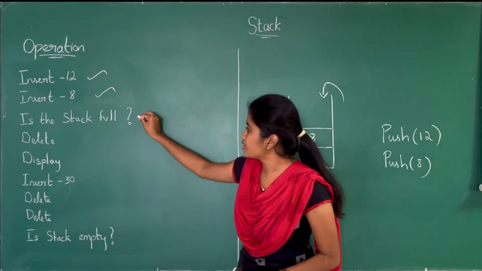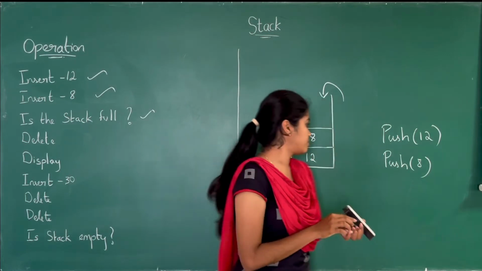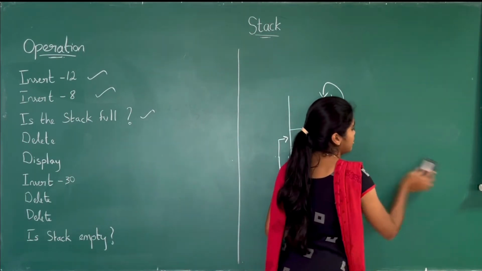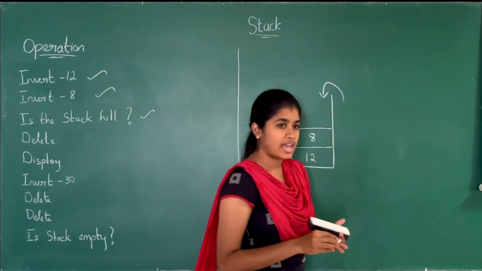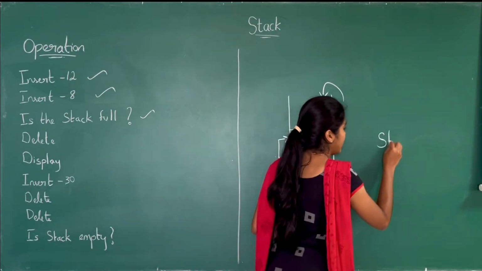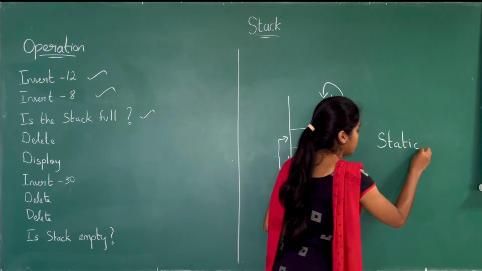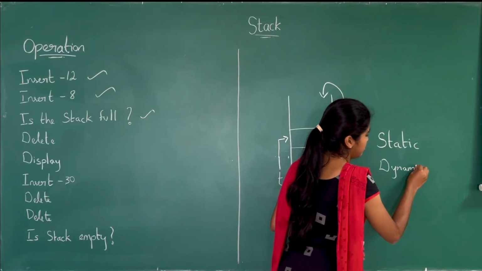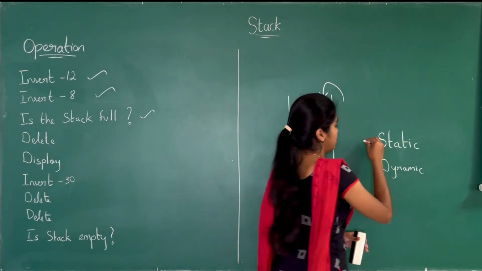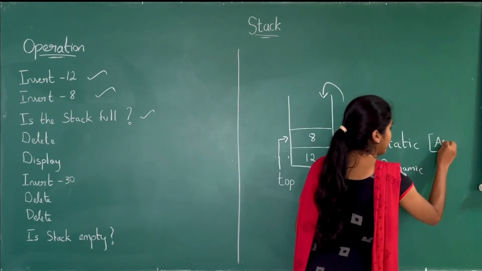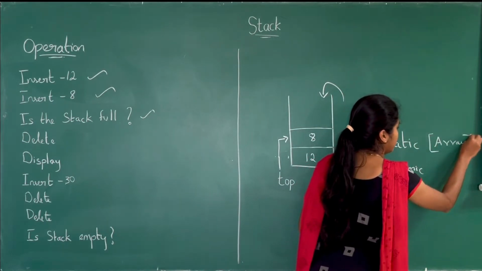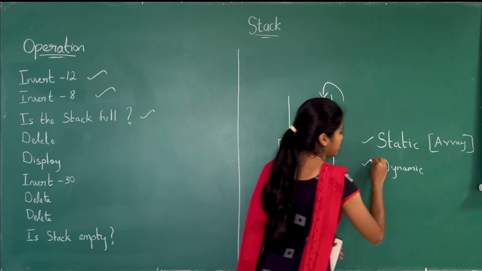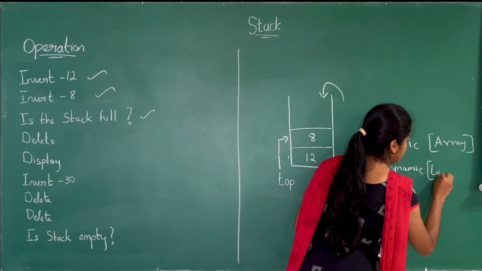Next is the stack full. The size of the stack is either static or dynamic. It is static in the case of array, whereas it is dynamic in the case of linked list.